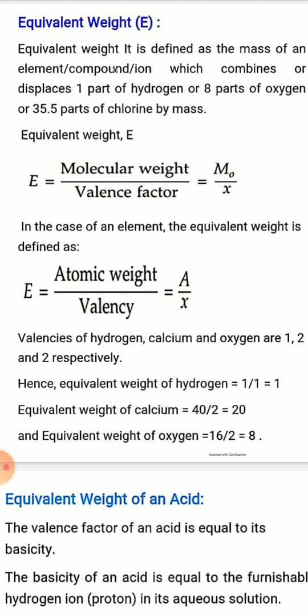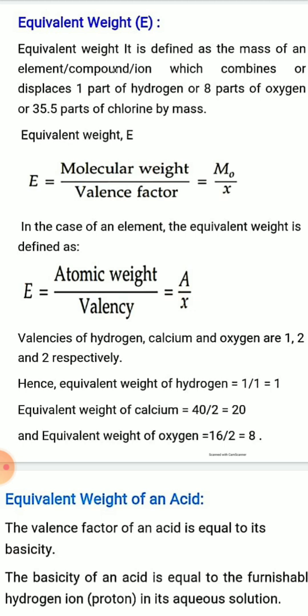So the equivalent weight of hydrogen atom is atomic weight of hydrogen divided by valency of hydrogen. The atomic weight of hydrogen is 1, so equivalent weight is 1 divided by 1, because valency is also 1. So the equivalent weight of hydrogen atom is 1.